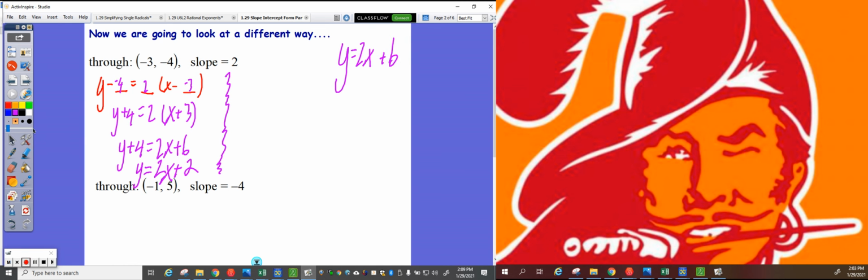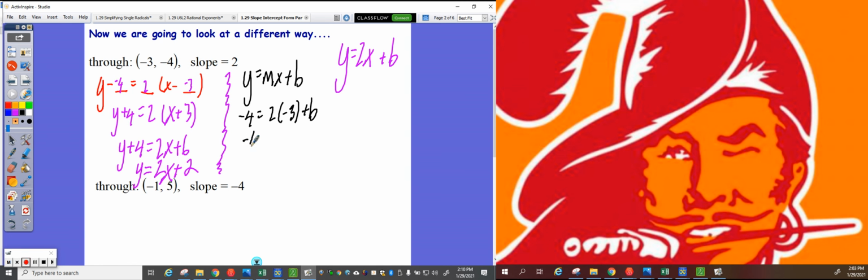So if I just decide that I'm going to plug everything into this that I know. So I have a y value. I have a slope. I have an x. And I'm looking for a b.